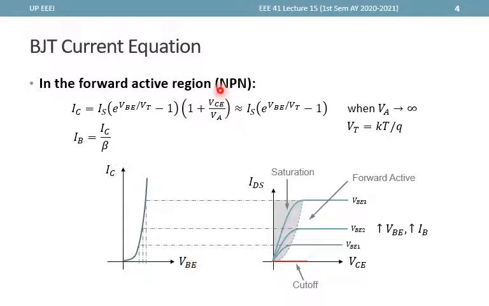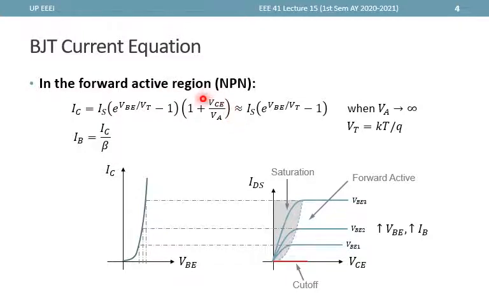Now take note of this 1 plus VCE over VA term, which essentially tells us that the current IC at the forward active region will increase linearly with respect to VCE, because this is a multiplication factor in this expression.